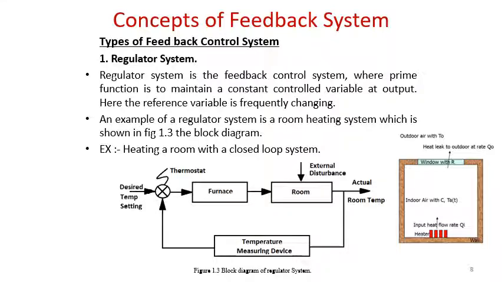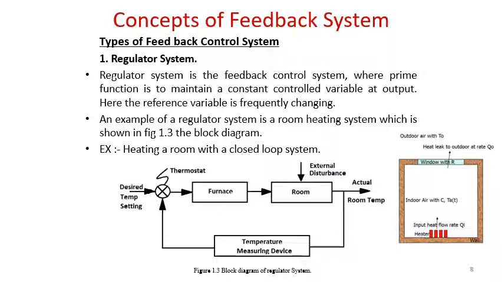So frequently there is a change in a variable, that is the reference variable, and we have to regulate it. This type of system we find mainly in our room fan also, the regulator. There we regulate the speed based on different requirements. When very limited people are there, we keep it at a small regulated speed.